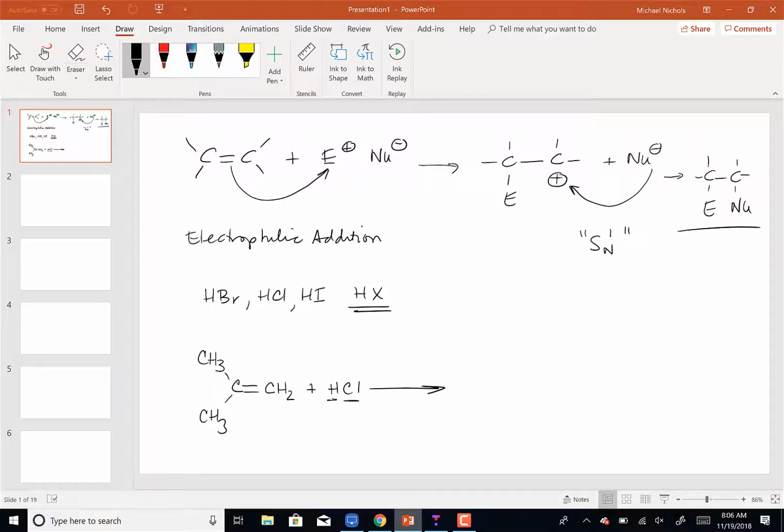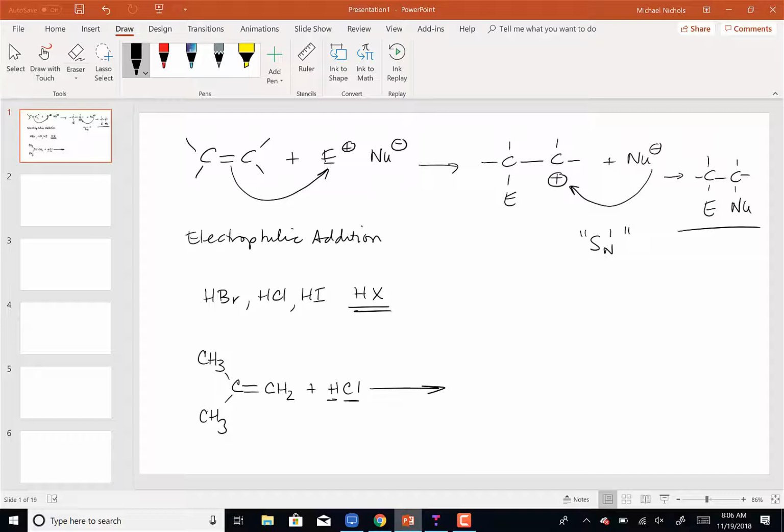Do you add those two groups 100% cis, 100% trans, 50-50? These are the three things you're going to have to know for every reaction: what am I adding, how am I adding it, and how am I adding it stereochemically. We're going to go through this. This makes a nice table at the end, along with regio- and stereoselectivity of the reaction.